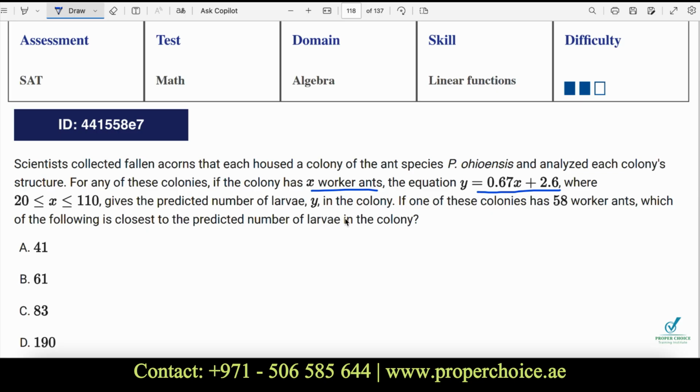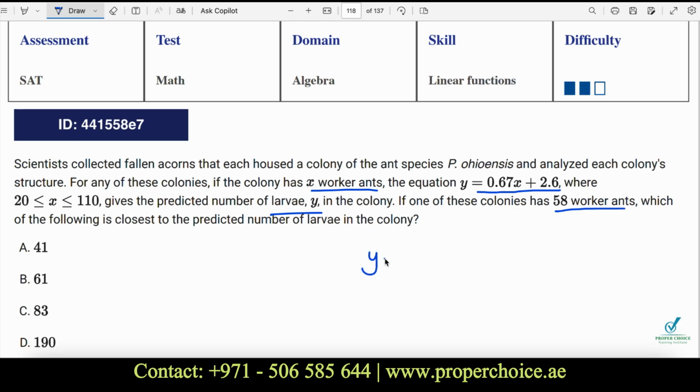If one of the colonies has 58 worker ants, which of the following is closest to the predicted number of larvae in the colony? It's simply substituting and solving.